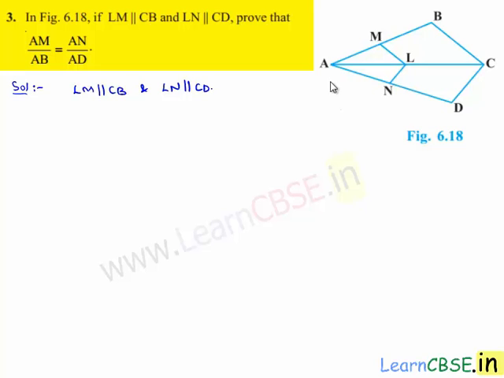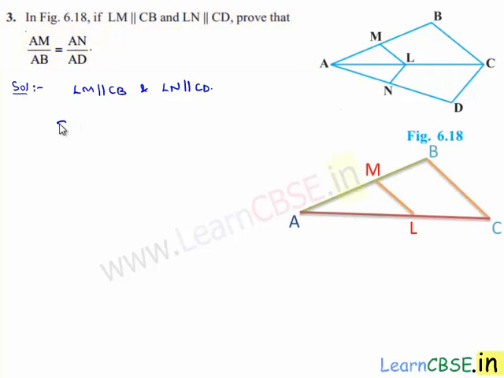So in order to prove this, let us consider the two triangles separately, that is ABC and ACD. If we consider in triangle ABC, he says that LM is parallel to CB.